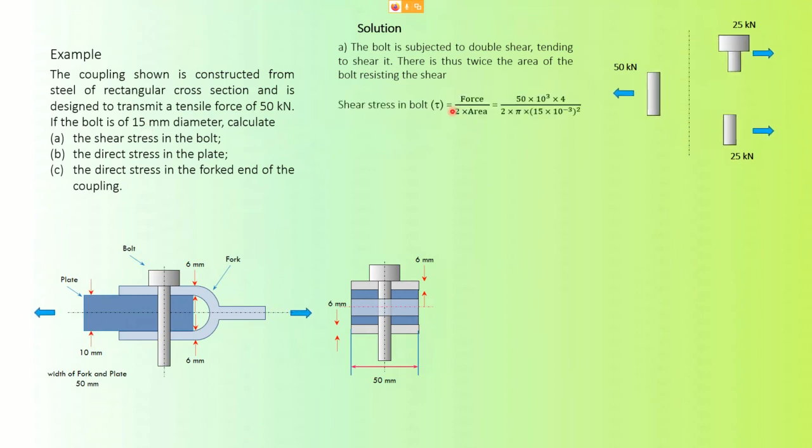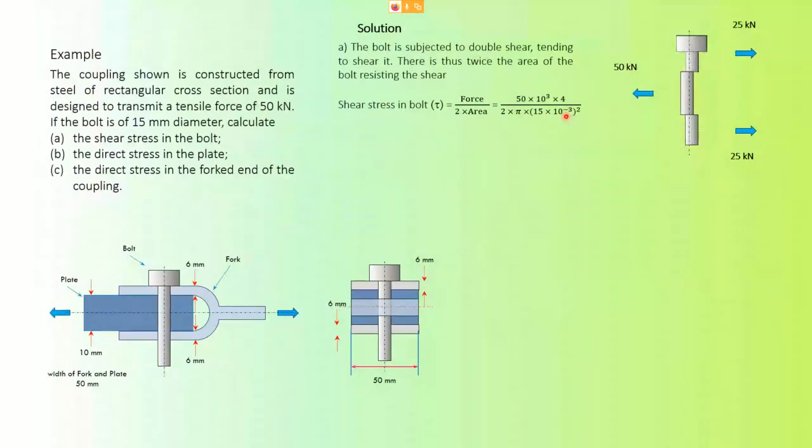So remember, the shear stress will be the force divided by the area. For shear stress, the area that we consider has to be transverse to the direction of the line of action of the force. So the area will be the cross-sectional area of the bolt, which is pi r square, or pi d square over 4.